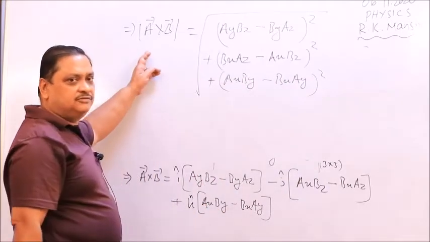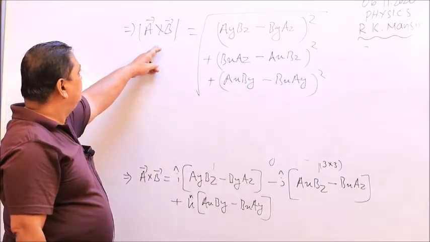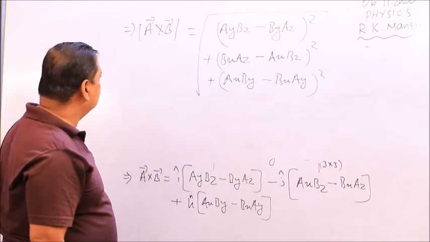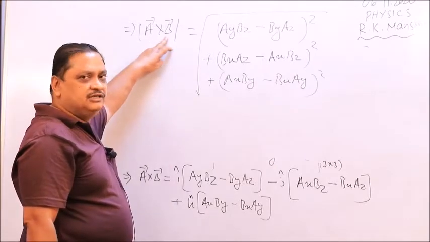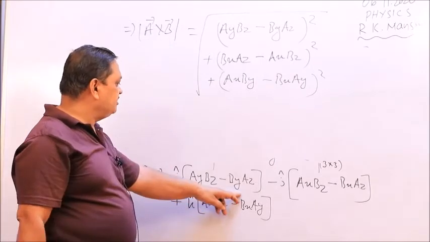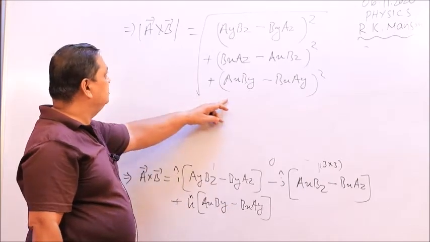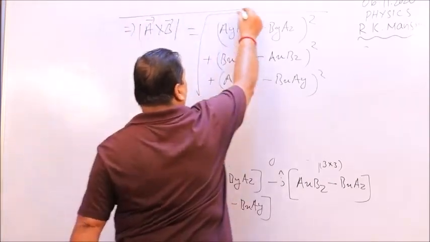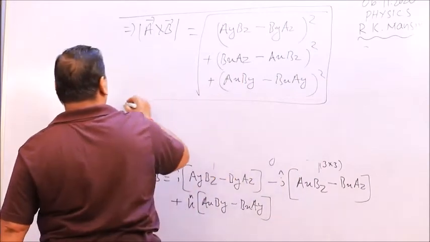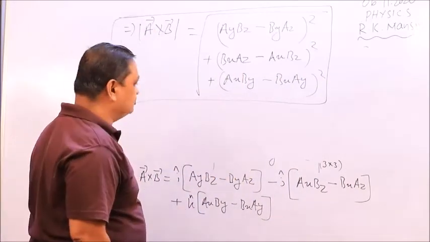This is the modulus of A cross B, the cross product between two vectors. So A cross B gives a new vector, and its magnitude is this. This is the formula for the magnitude of A cross B.